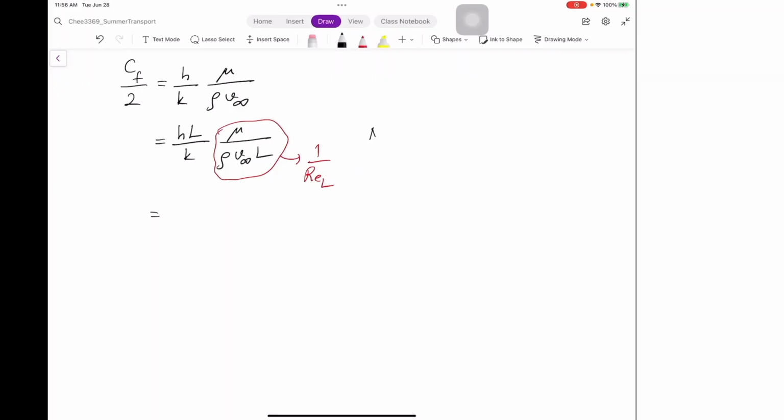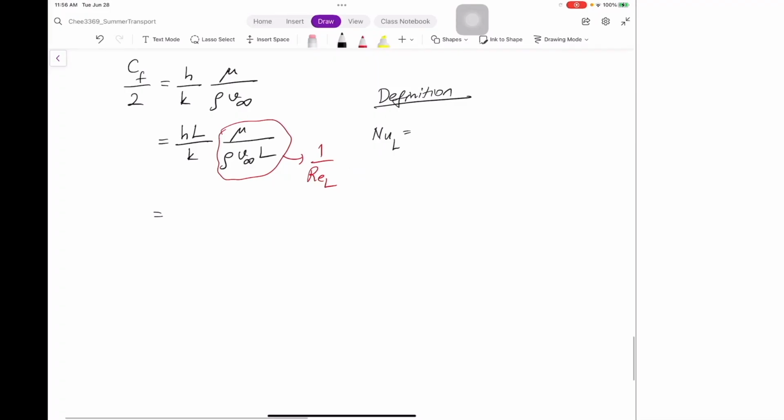And we call it Nusselt number. It's another dimensionless number, Nusselt number, HL over K.